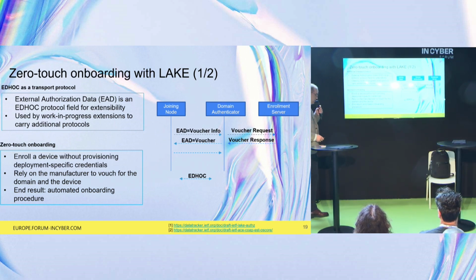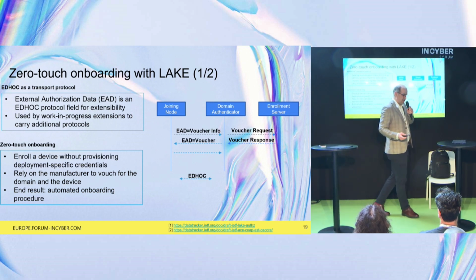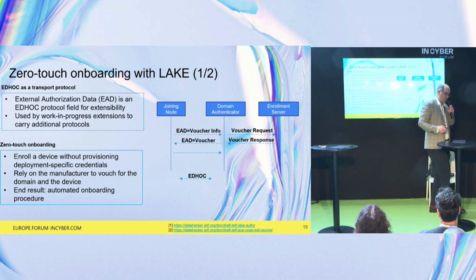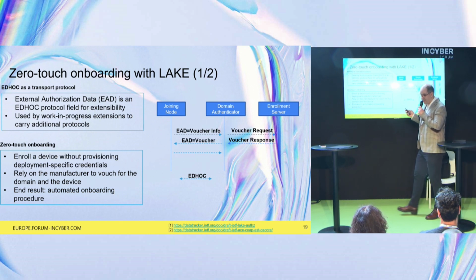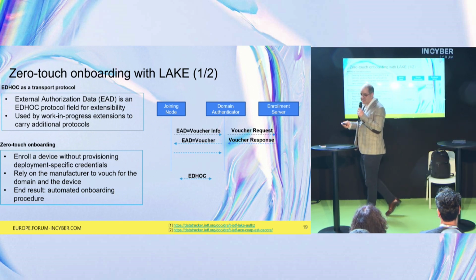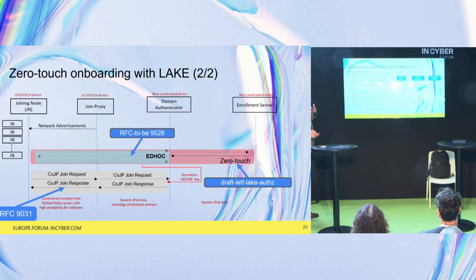So ad hoc, as I said, defines something that we call external authorization data. These are protocol fields which are used for carrying third-party application data on top. And in this case, we are carrying authorization data from a trusted third party that represents the manufacturer that authorizes the device to join the network. I won't spend too much time on this.